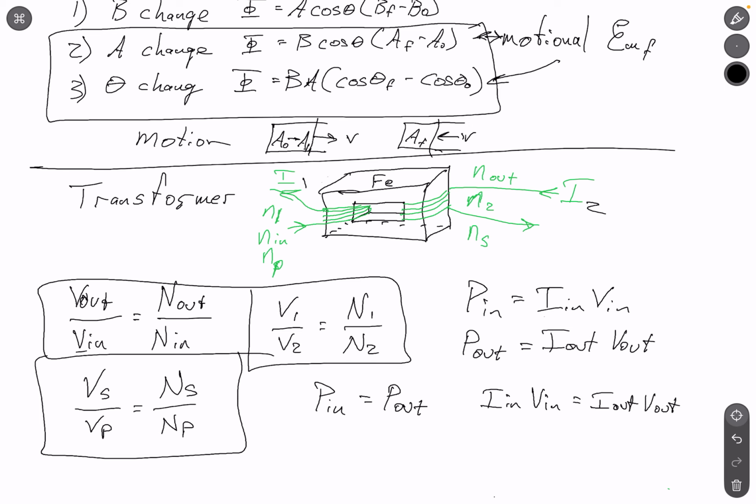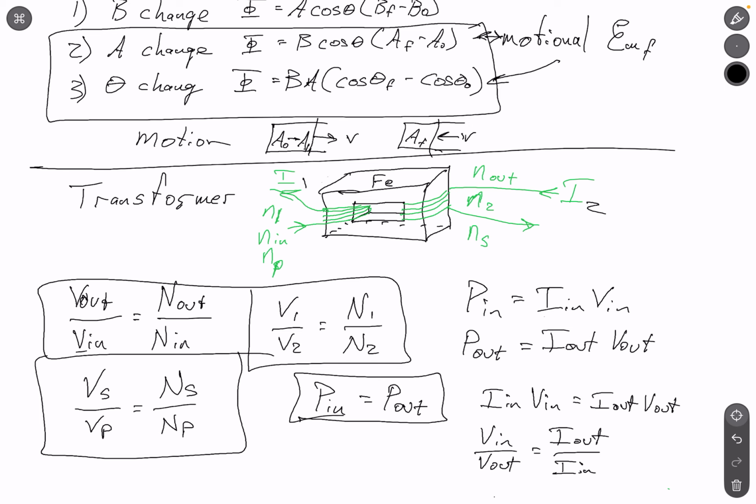And now we can solve V in over V out, and that equals I out over I in.